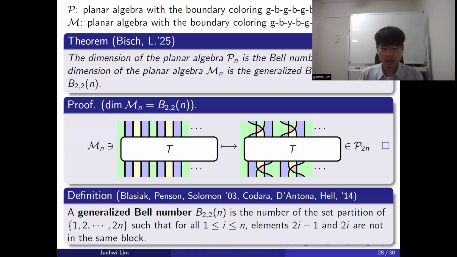The generalized Bell number was first introduced by Blasiak, Penson, and Solomon as the solution to the boson normal ordering problem. And Korlaeva, D'Antona, and Hill introduced the combinatorial interpretation.